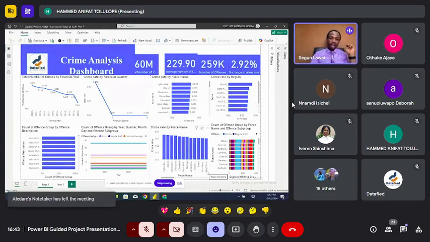Before I go into the drill, I'm going to ask you one question, Anifat. What problem are you trying to solve with this analysis? Just relax, okay? Be cool. Feel free. We just want to interact. When you were building this dashboard, what problem were you trying to solve, or what questions were you trying to answer with this dashboard?